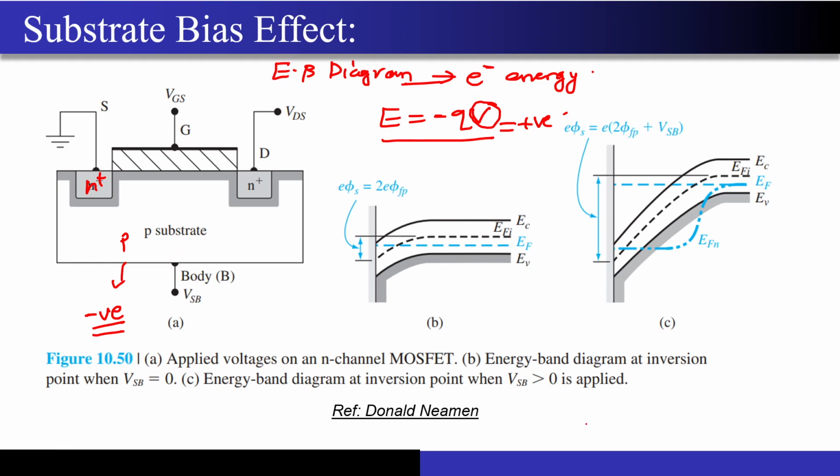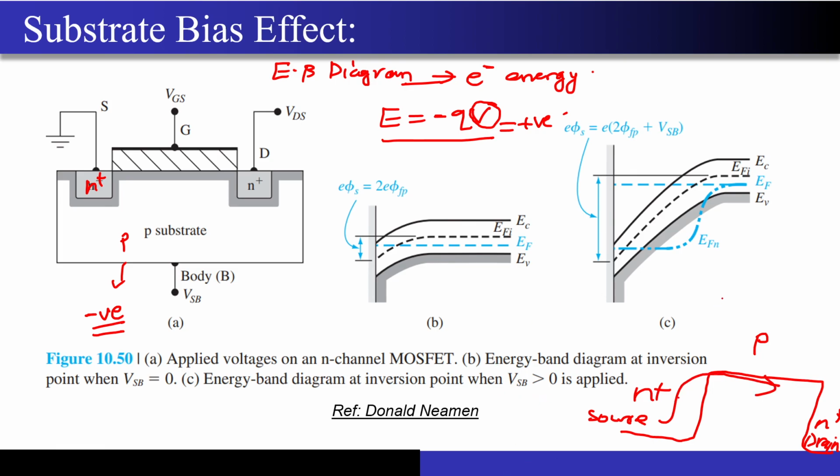Now you must have seen the diagram that sir must have shown you, right? How does this diagram look? Let's say this is my n plus source side, this is p, and this is the n plus side. This is my source and this is my drain. The electrons from the source want to flow to the drain, but for this they have to cross this barrier.